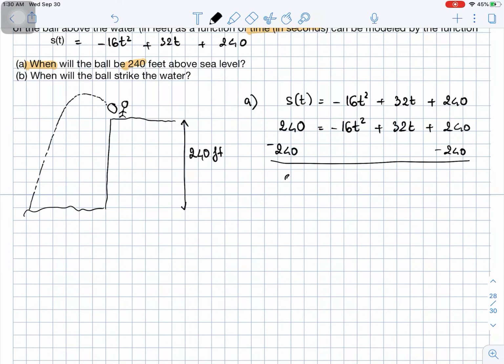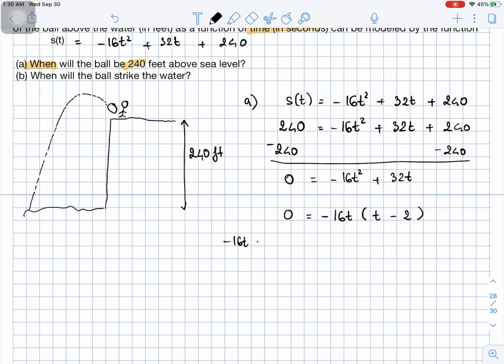We see the square on the t, so we think about quadratic equation. We need to subtract 240 from both sides to get the 0. And then we solve this problem by factoring out the greatest common factor.